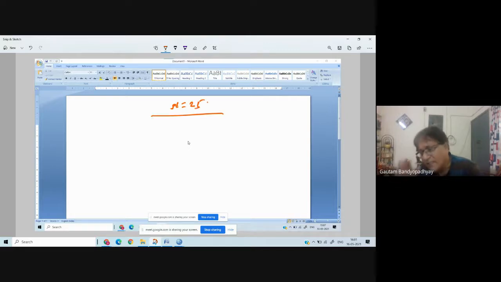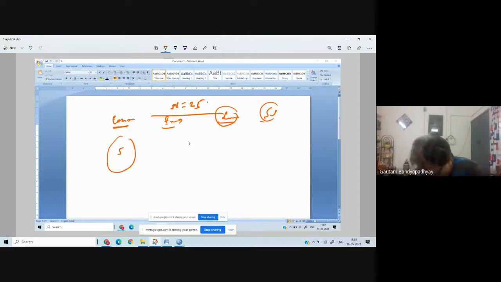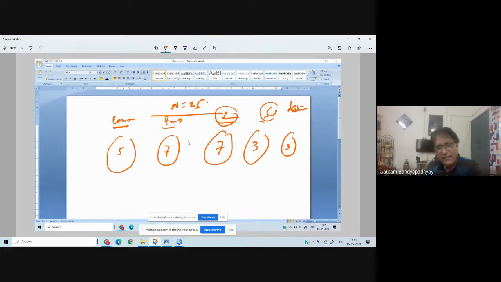Suppose, then you can easily understand. In the 25, there are some commerce background students, some engineers, some language group, and some social science. For commerce, say there are 5 members. Suppose this is 7 members, and this is 3 members, and others, literature, language, others, say 3 members. So just think these 25 members construct into 5 groups.